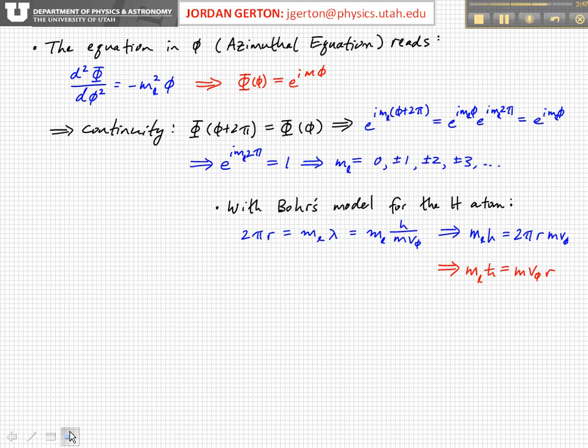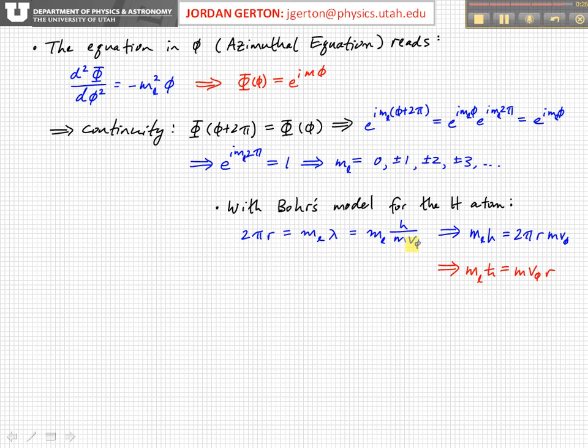Okay, so if we go back to Bohr's model for the hydrogen atom, recall that there we assumed that the electrons were orbiting in some circular orbit with radius r, and the circumference of that orbit was some multiple of the electron wavelength, so the de Broglie wavelength, which we know to be h over the momentum, so h over m v phi, and v phi here is just the tangential component of the velocity.